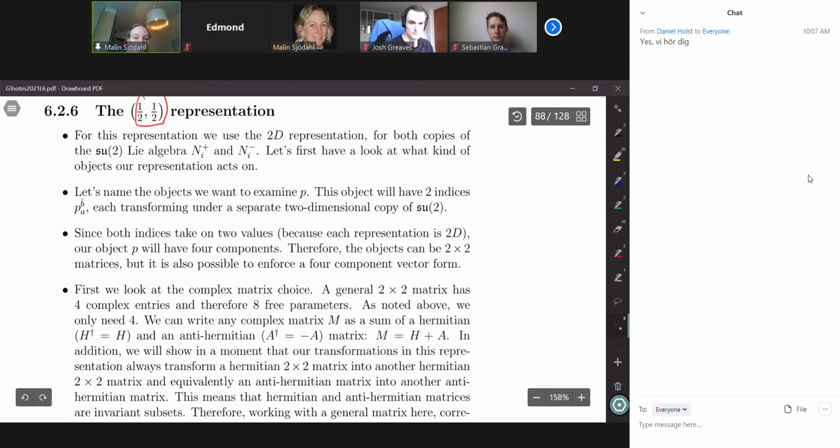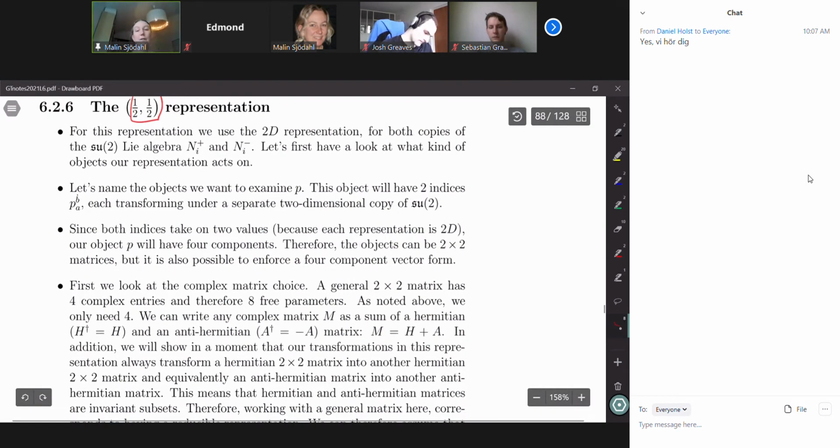However, as is conventionally done, we will not take exactly this object. Instead, we will remark upon the fact that we have here 2 times 2 equals 4 indices, and that is also the number of indices we have for a matrix. So instead of actually using, quickly speaking, a direct product representation, we will use a matrix to represent a similar object.